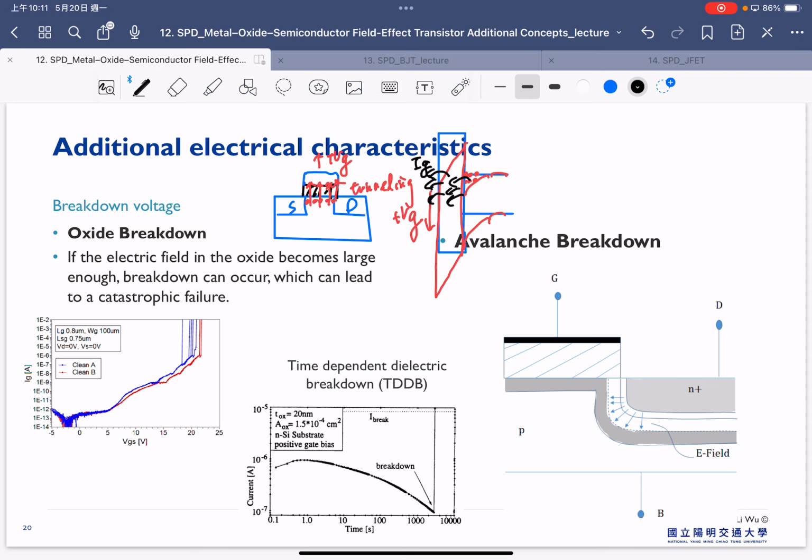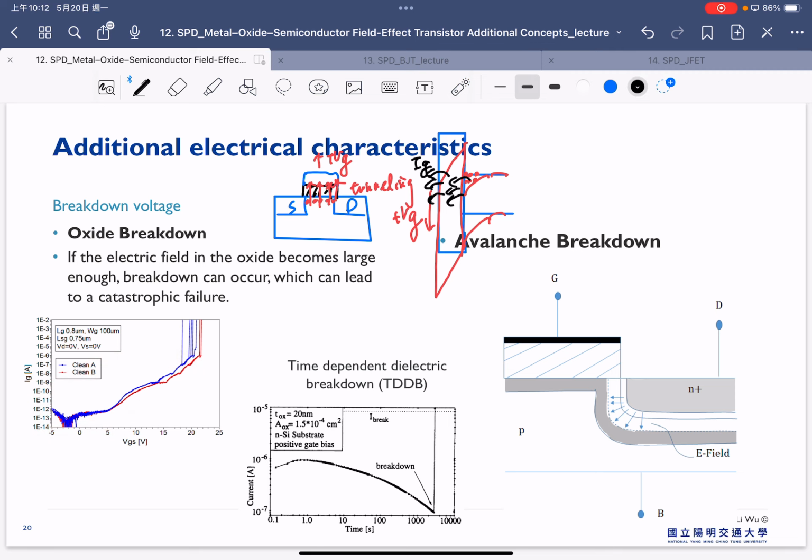If you look at the real electrical measurement result here, this is the gate current versus the gate voltage. You will very often see that a certain amount of gate current can be obviously observed.